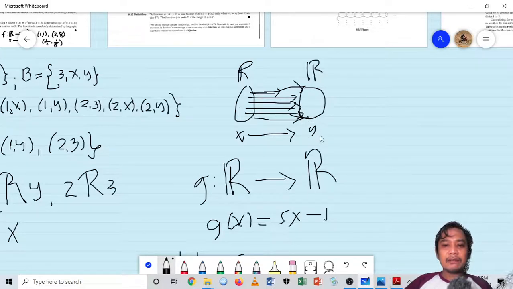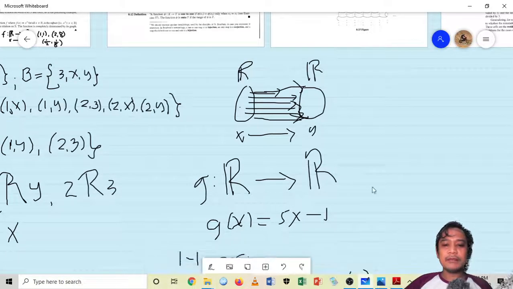So again, if there is an element in the codomain, there must be an element in the domain for which y is the image. So that we can say that all elements in R in the codomain are images. Okay? Nahurot og kapares ang mga elements sa codomain. So, let us proceed.